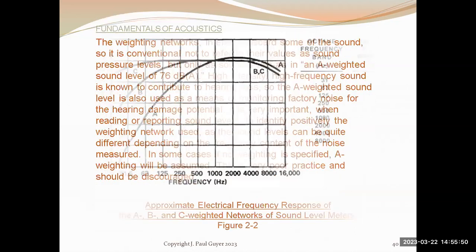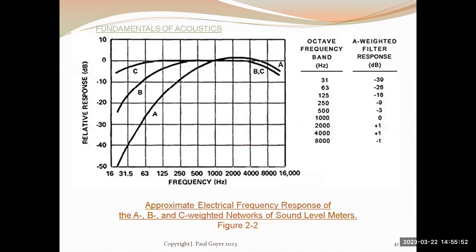The best way to get an understanding of the sound filters in the sound level meter is by looking at this figure 2.2. And you see three curves, A, B, and C. And the plot here is of the frequency being perceived and the loudness, the decibels.